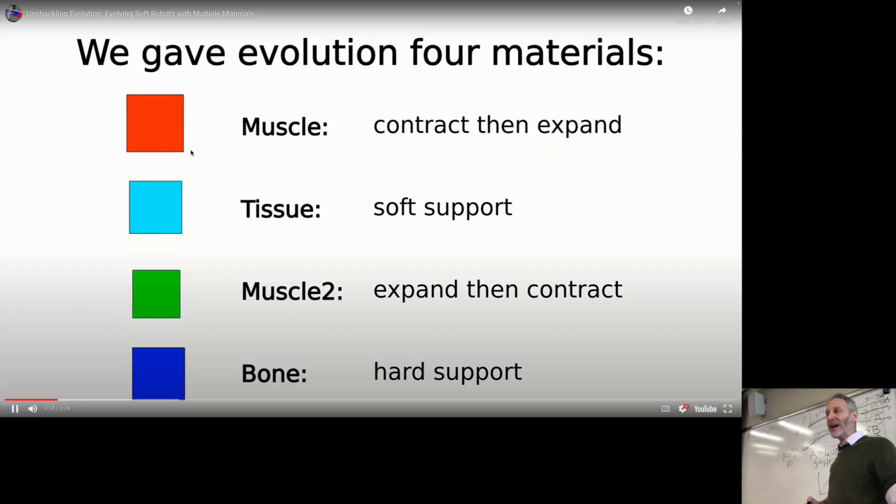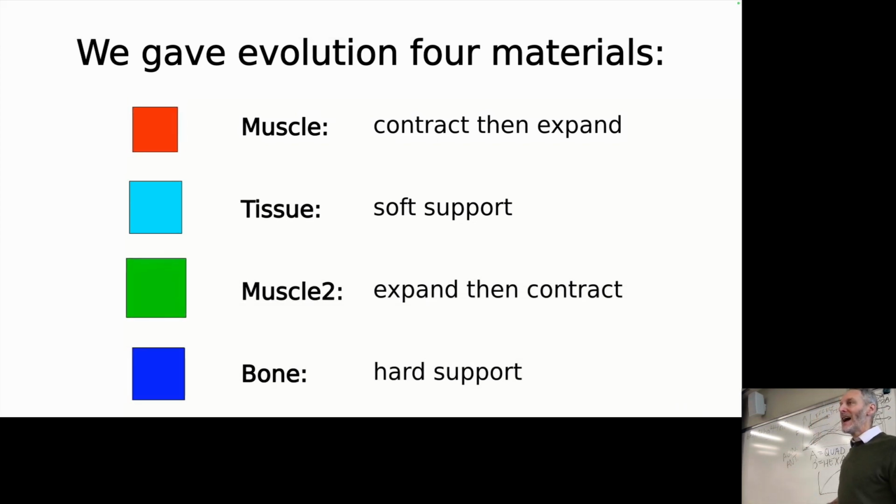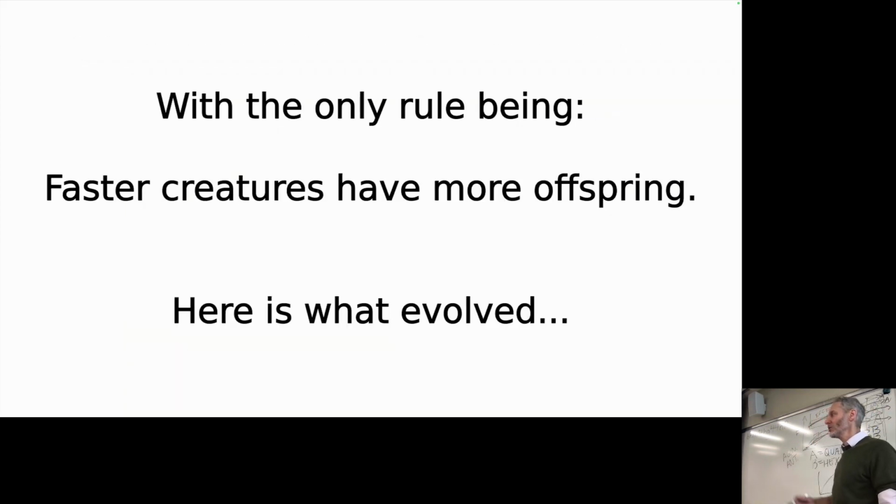So Nick made available to the evolutionary algorithm the ability to create agonist and antagonistic muscle groups if it's helpful for the task of evolving soft robots to move from left to right.